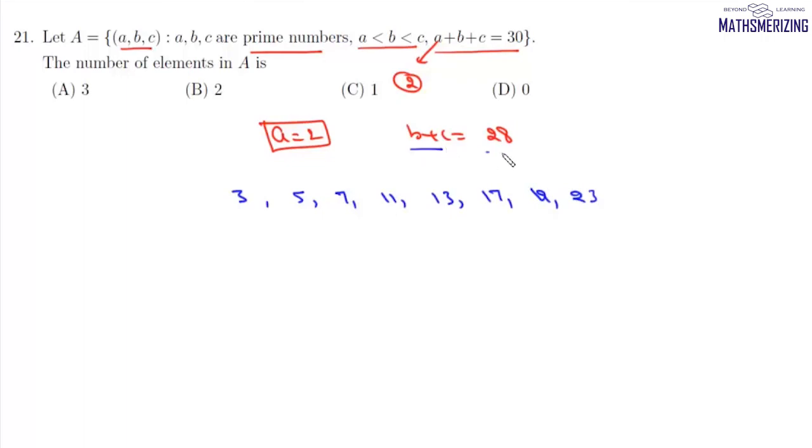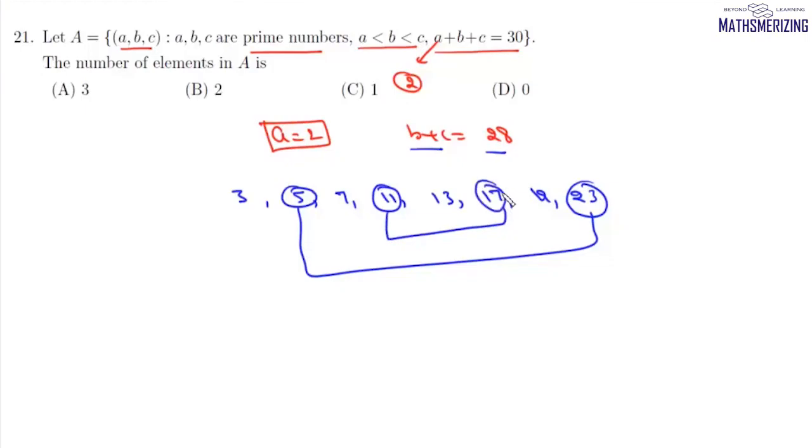Now one such combination possible to get 28 is 5 and 23, and the other combination possible is 11 and 17. And there is no other way to get this sum b plus c as 28. So the number of elements in A is simply 2, and that's your option B.